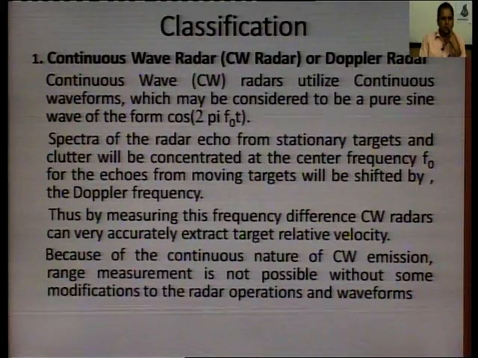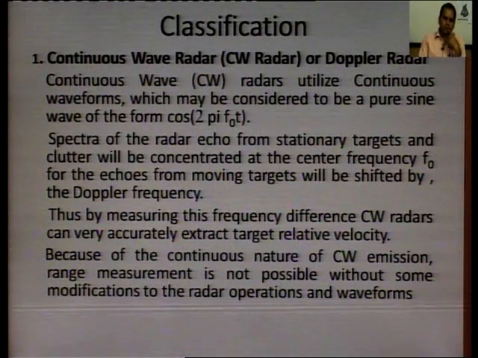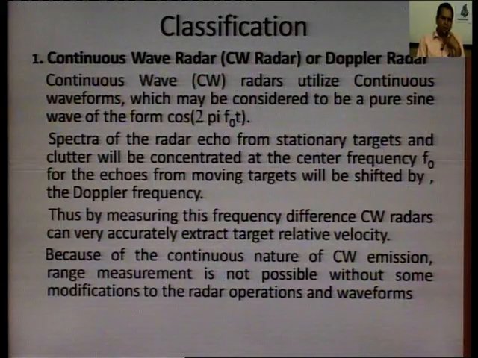Next is classification. Continuous wave radar or Doppler radar is another form of radar. Continuous wave radar utilizes continuous waveforms, which may be considered to be a pure sine wave of the form cos 2 pi f naught t.